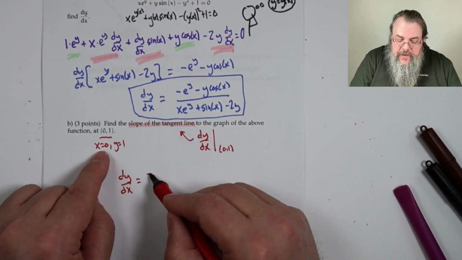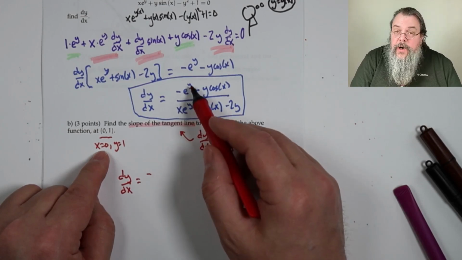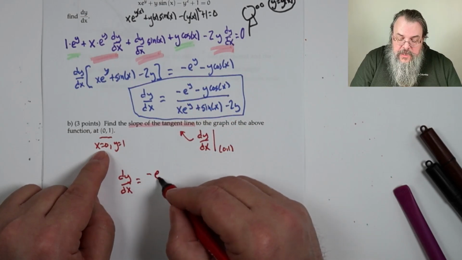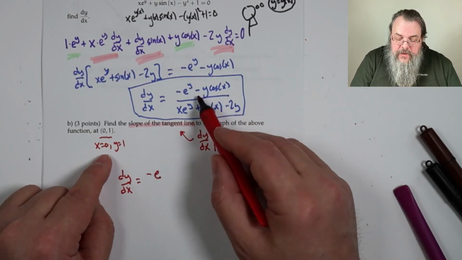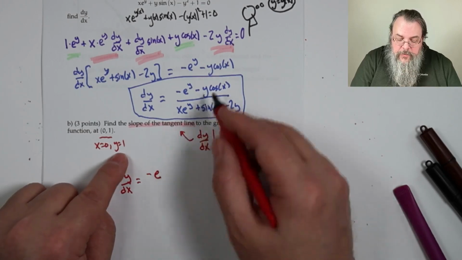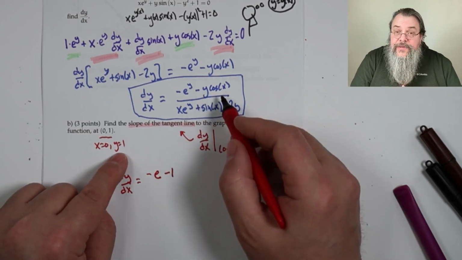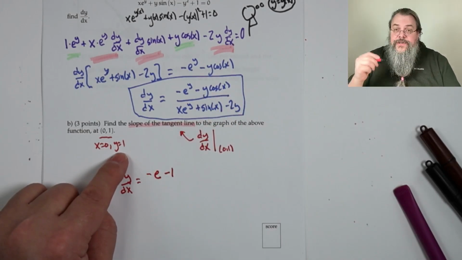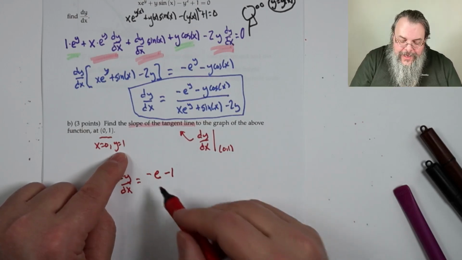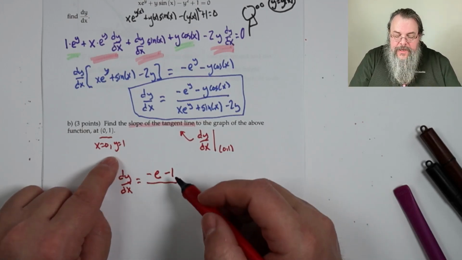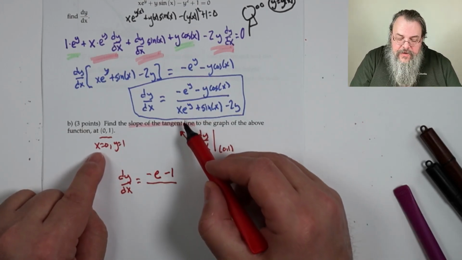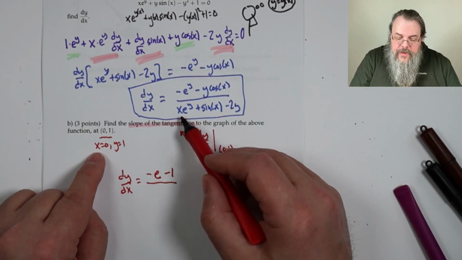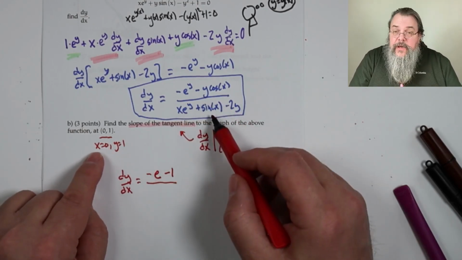So we have minus e to the 1, which is e. Then minus 1, because y is 1, times cosine of 0. And cosine of 0 is 1. Okay. Divide by, downstairs, x is 0. So we get 0 times e, goes away. x is 0.